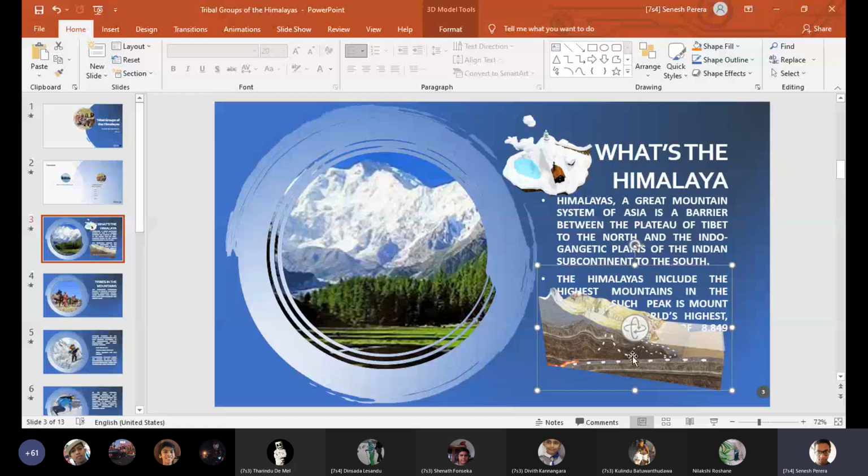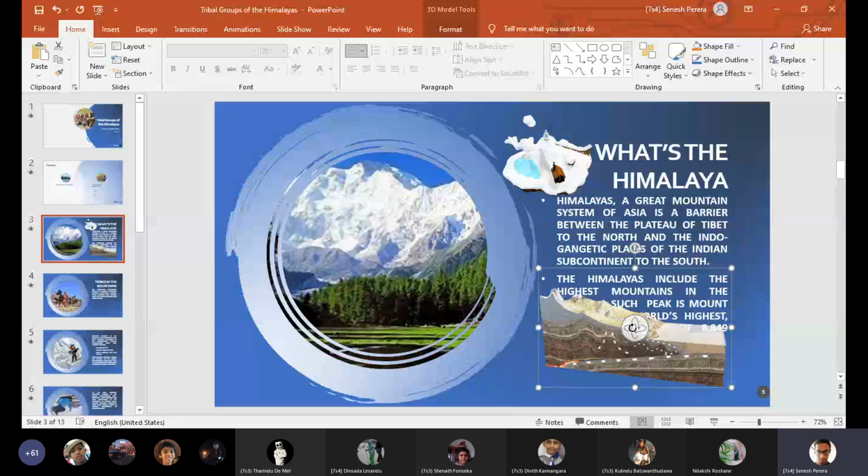There is also another larger plate known as the Eurasian plate, and the countries on this plate include Russia, China, and even the UK.